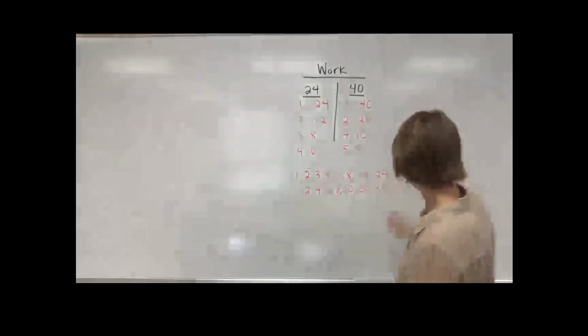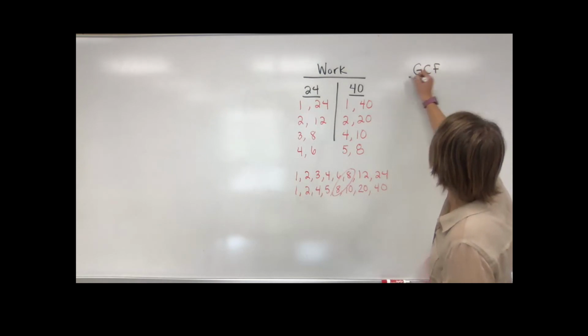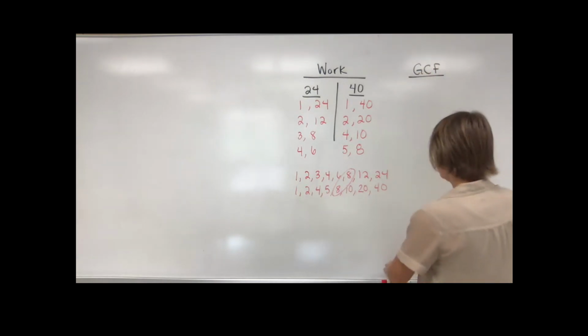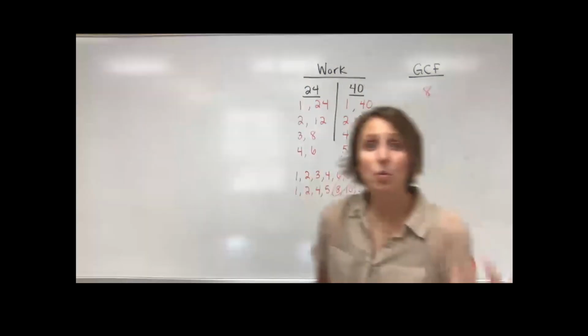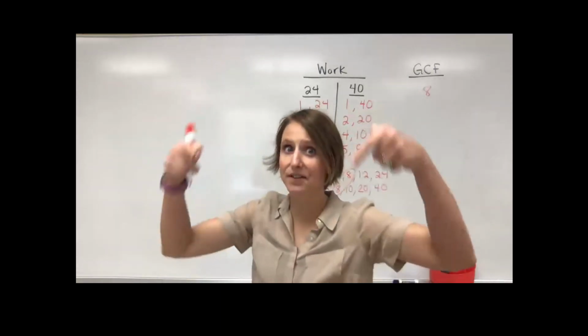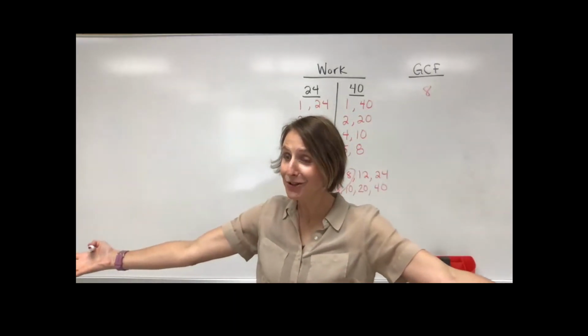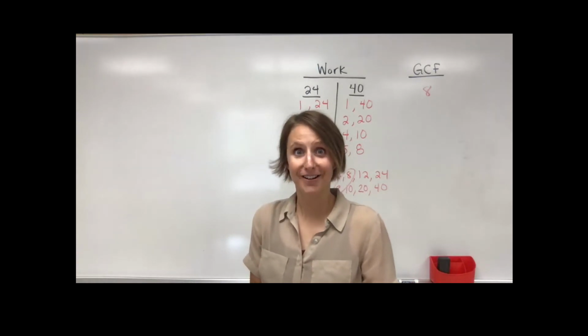So the GCF, over in your GCF column, greatest common factor, that's what that acronym stands for, you would write 8. So one way to find the greatest common factor is to list the factors, and using our divisibility rules is really helpful to figure out if a number is a factor of another.